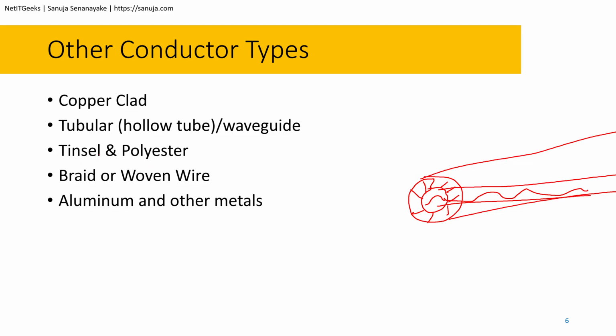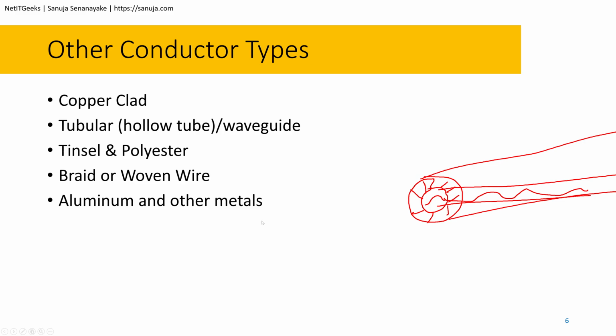Tensile and polyester wires basically give strength to your cable, and then we have braided or woven wires that also give tensile strength and can be used in certain applications such as outdoor applications. And then we have aluminum and other metal wires for specific use cases where we may need a metal other than copper.